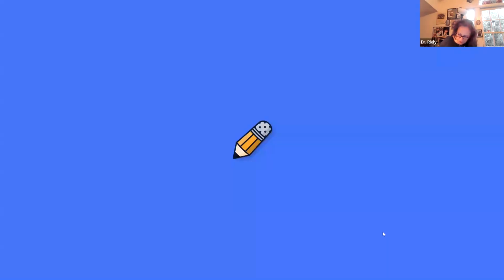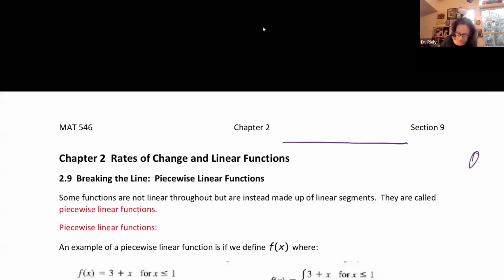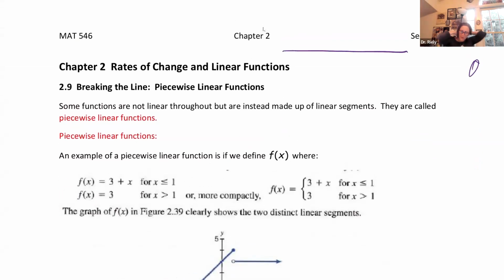Okay, so it should switch over in just a second. Okay, good. Okay, so let me get into the notes, and let me let Alice in. Okay, so she's in too. Okay, so our notes are right here. So this should look like what I posted.